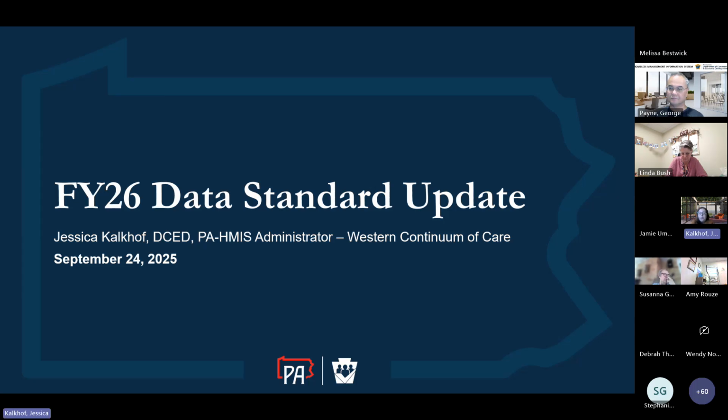So before we get into the changes, I'd like to do just a quick overview of what the data standards are, so we know what we're talking about. The data standards are a set of requirements for HMIS data collection established by the U.S. Department of Housing and Urban Development, so HUD, the U.S. Department of Health and Human Services, HHS, and the U.S. Department of Veteran Affairs, so the VA.